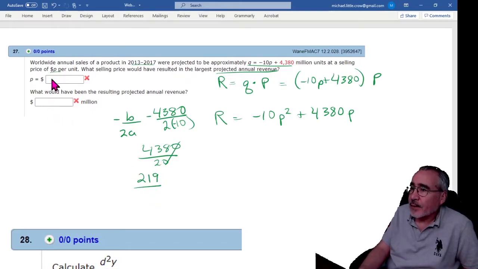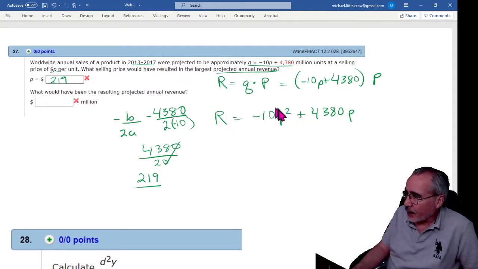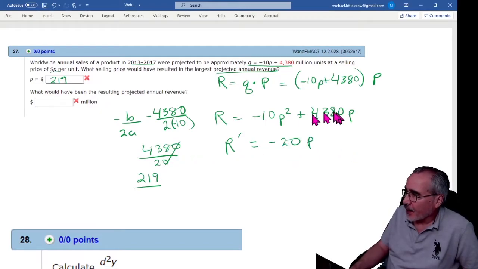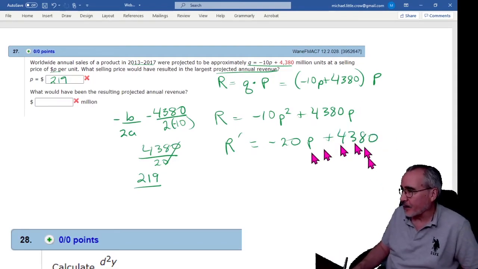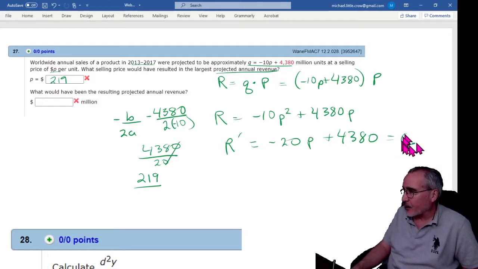Okay. How did I get that? Well, again, I take its derivative. So the derivative of r, 2 times 10 is negative 20. You see where that 20 came from. Negative 20P plus 4380, P to the 0 power, because that's the derivative. Set it equal to 0.